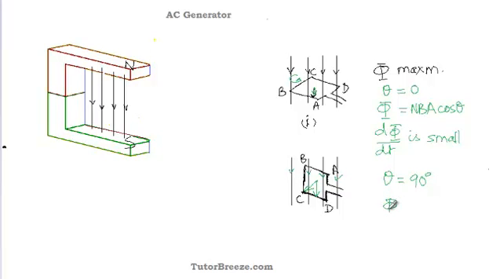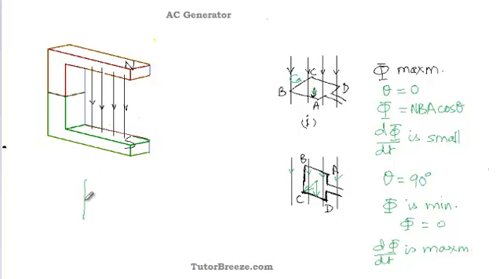Flux phi is minimum, actually 0, but d phi by dt is maximum, because the coil enters from a region where the flux linkage is 0, so the change is maximum.